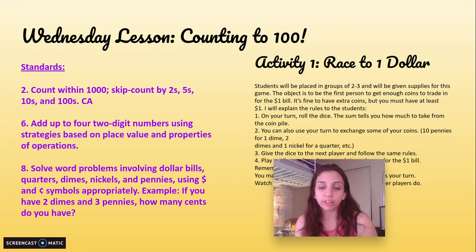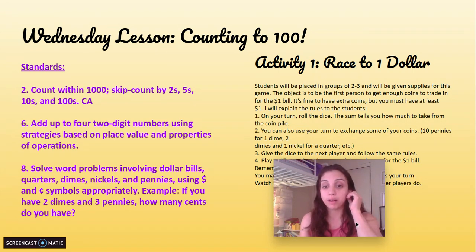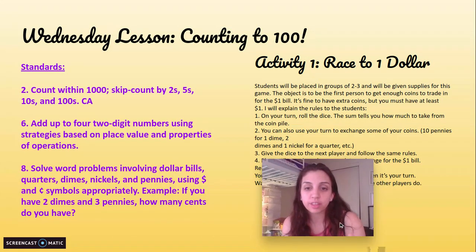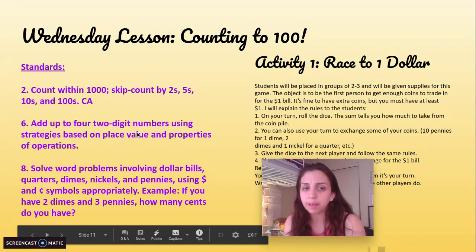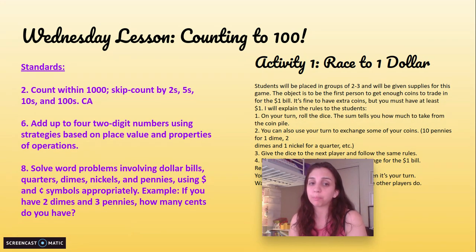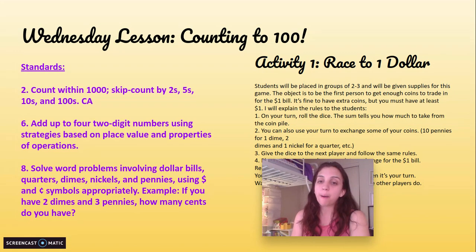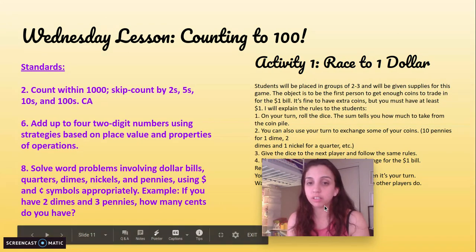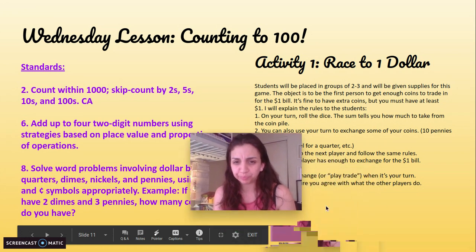We went over all of this in my warm-up and introduction. The standards for this lesson are the same. I did add up numbers using strategies based on place value and properties, because as these amounts are getting a little bit bigger, especially with the 2-digit numbers, students can apply that standard when solving these word problems.